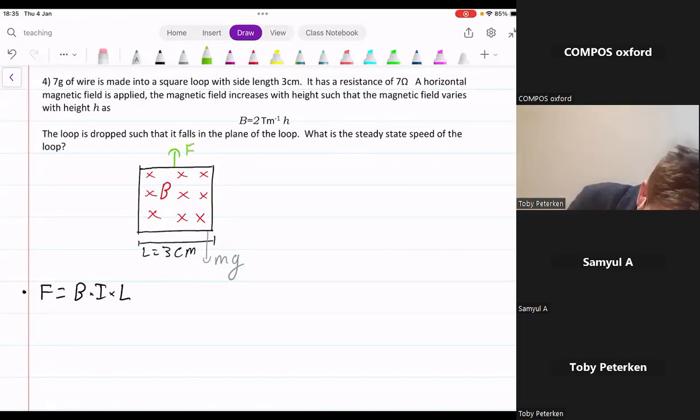Let's call this F1 and this F2. The net force must be up. B is greater at the top of the loop, so it must be that force that pushes up. Net force must be upwards.